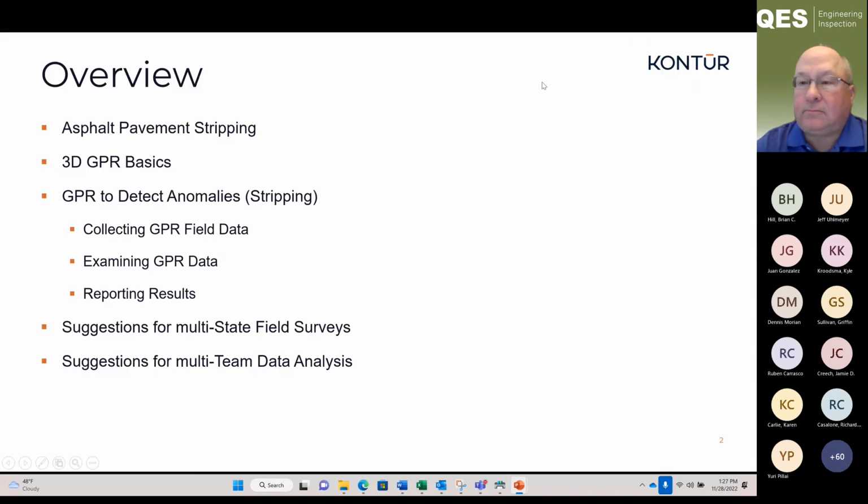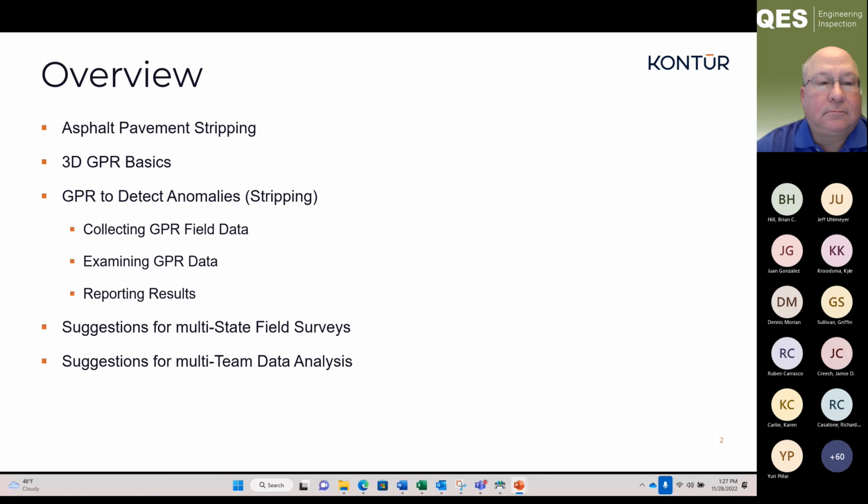Some of the things we're going to cover in this quick presentation is a little bit of an overview on stripping. I know we've been talking about it quite a bit. Let's make sure we're all on the same page. Then we're going to do a little bit on 3D GPR basics. I believe there are a number of individuals on this peer exchange that are not familiar with it, so I want to go through some of those basics.